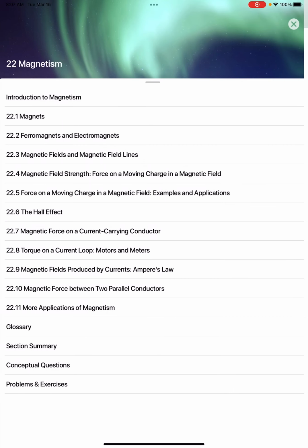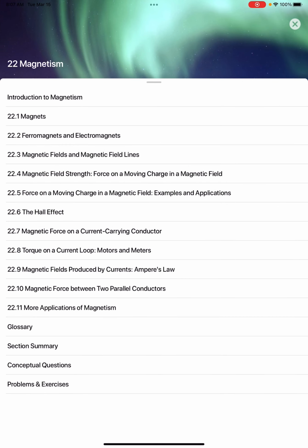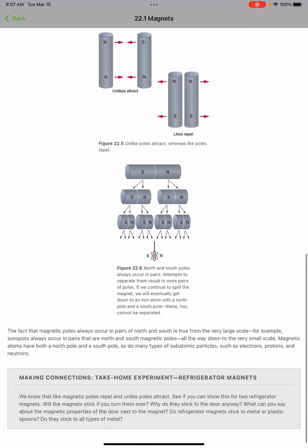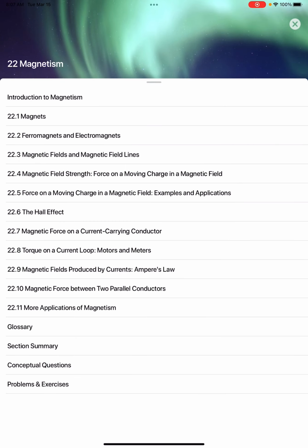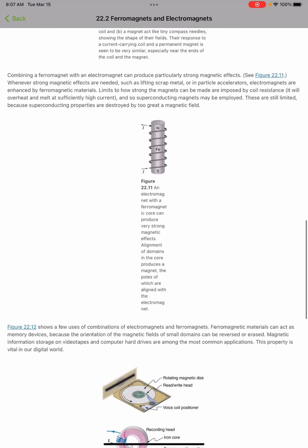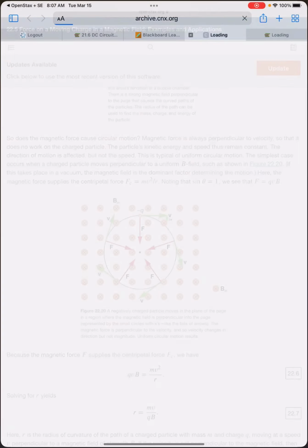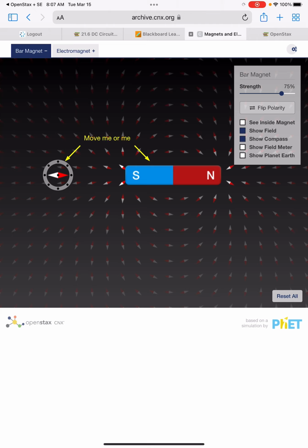It should be magnets. Yeah, ferromagnetism. This is the one.